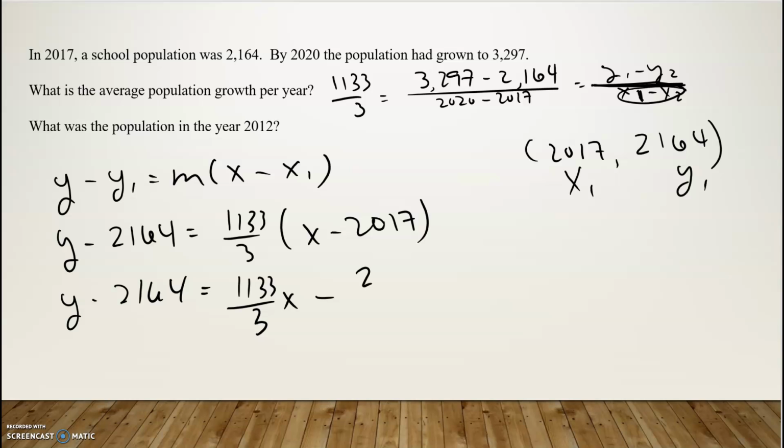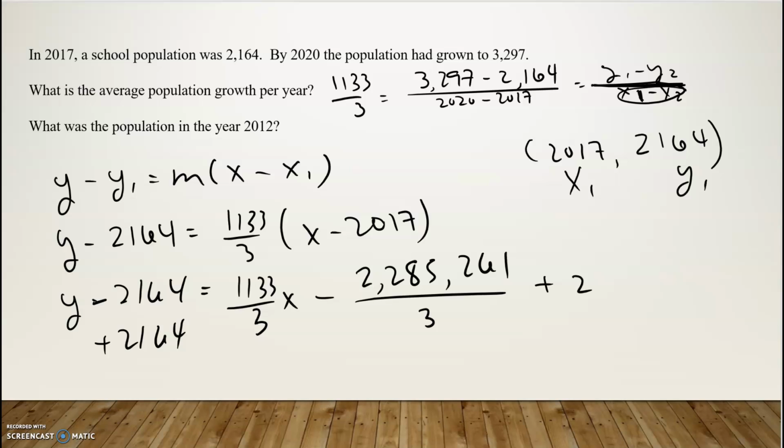That gives me 2,285,261 over 3. Then I need to add 2,164 to both sides, put that over 1, multiply that times 3.